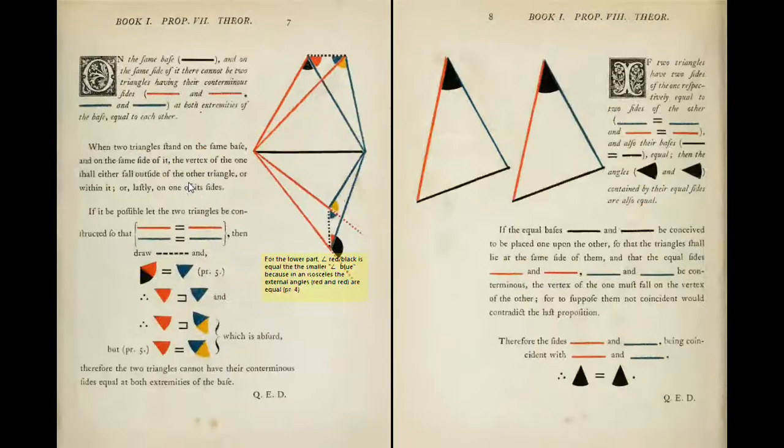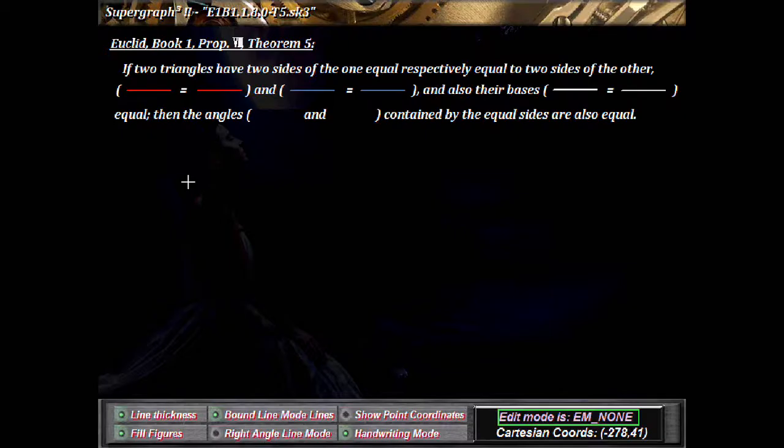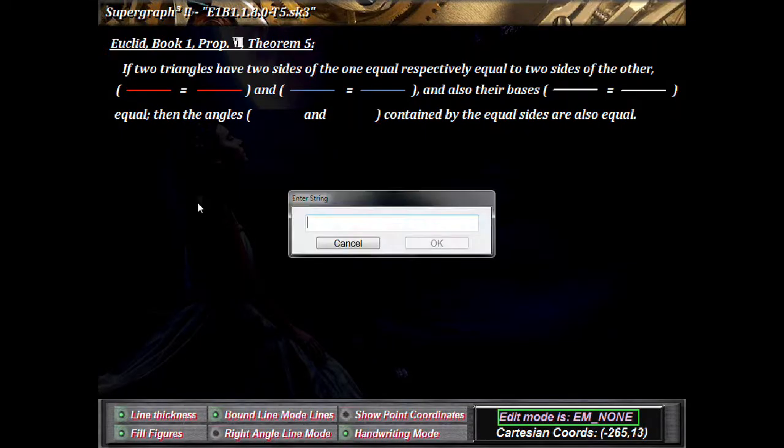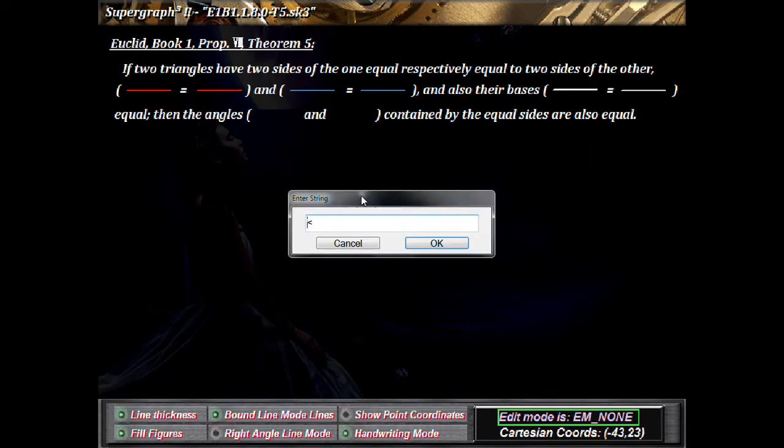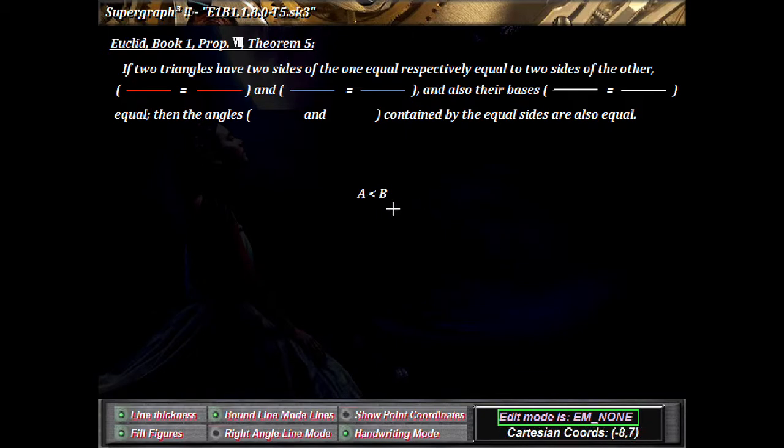Okay, now we usually write less than this way, right? A is less than B, correct?